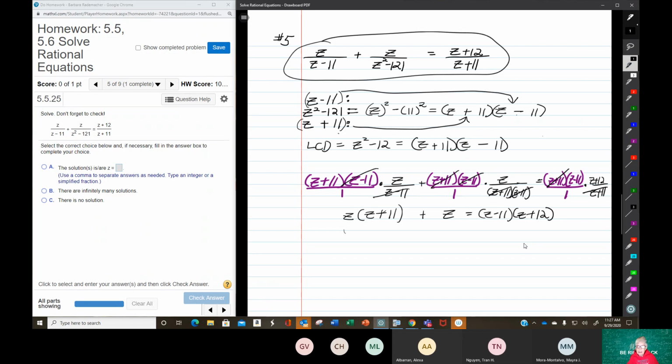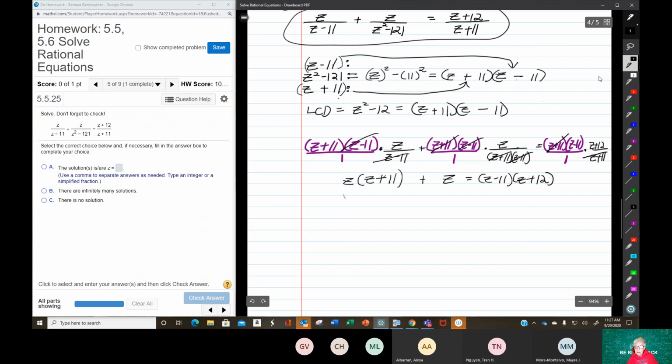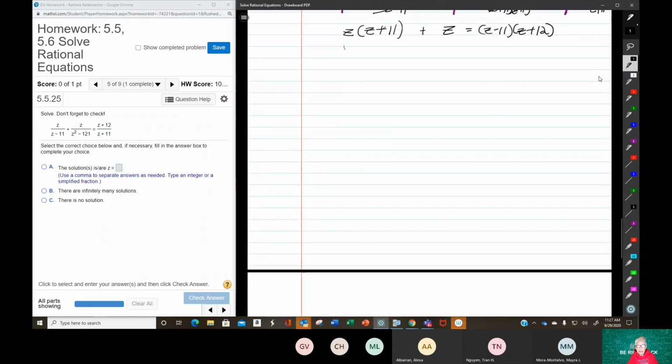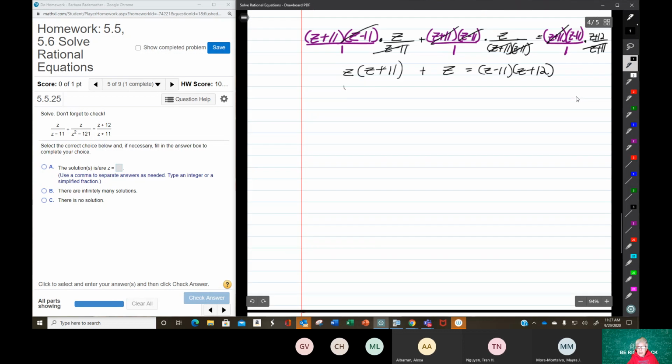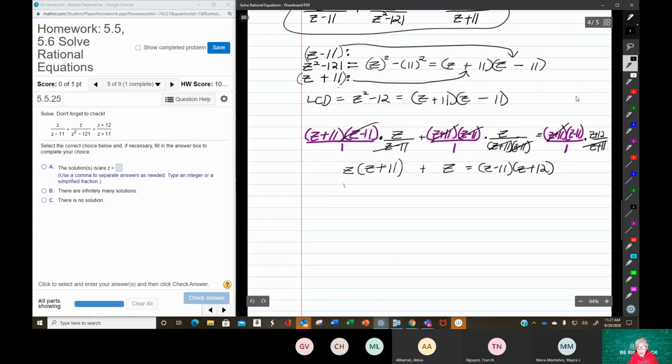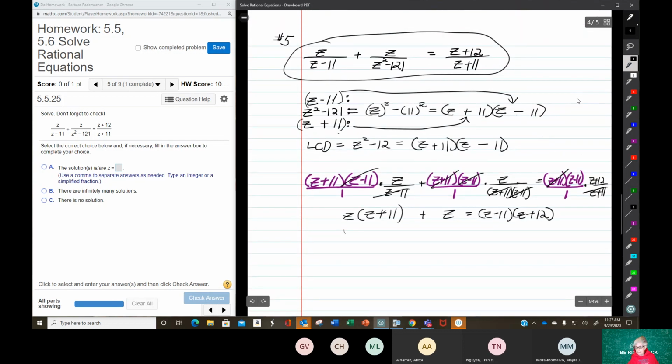And that's going to be the equation that I solve and get a value for z, and then I have to do a quick check to make sure it doesn't cause any of the denominators to equal 0. So discussion up to this point, right here.